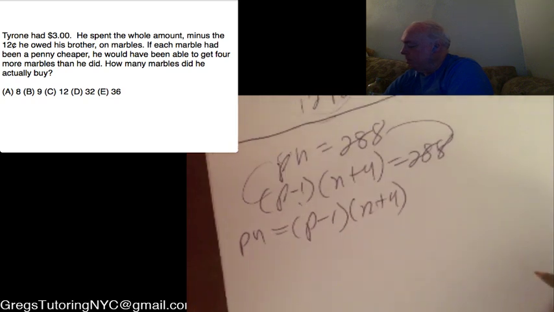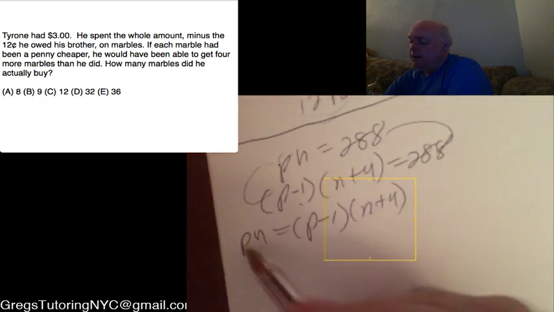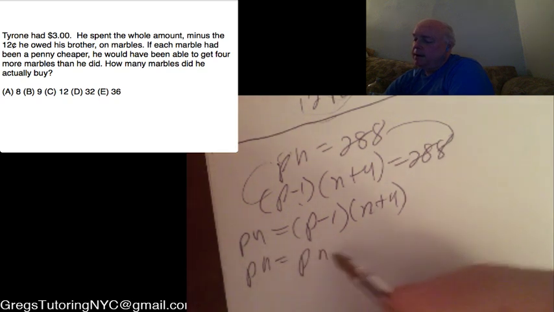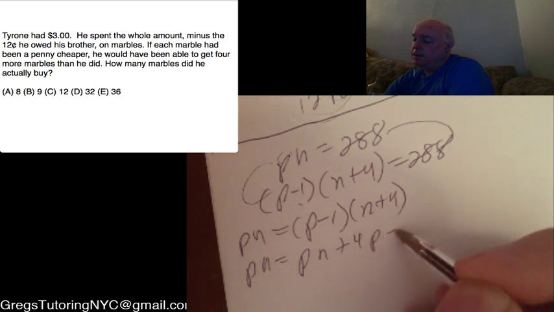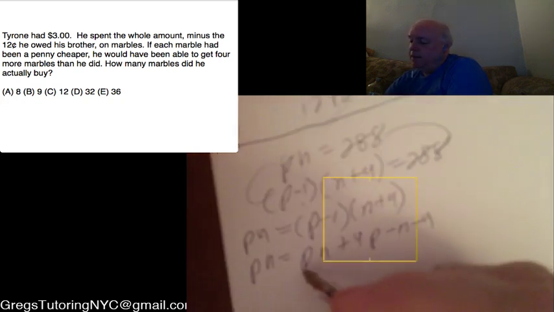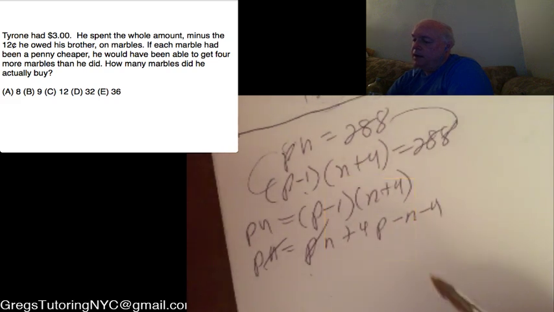And what we can do is run FOIL on the second one. So we get Pn equals Pn minus N plus 4P minus 4. So we get that, right? Everybody see that? And we can get rid of the Pn on both sides. And what I'm going to do is bring the minus N to the other side.